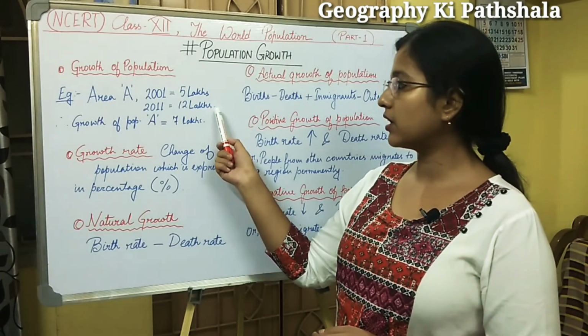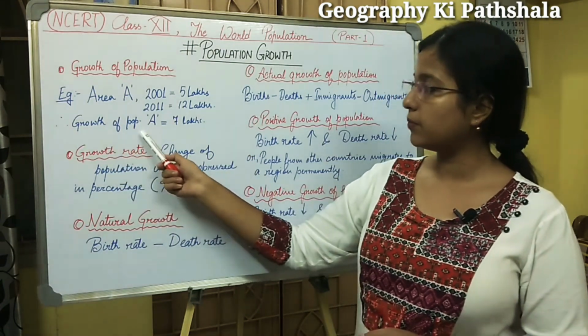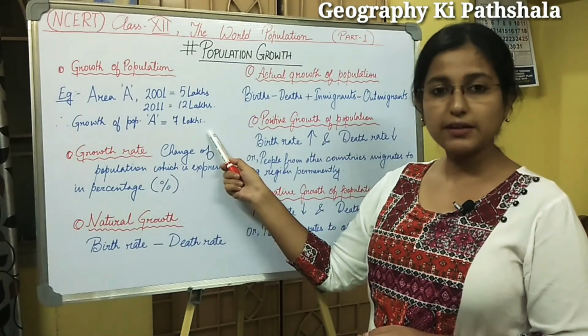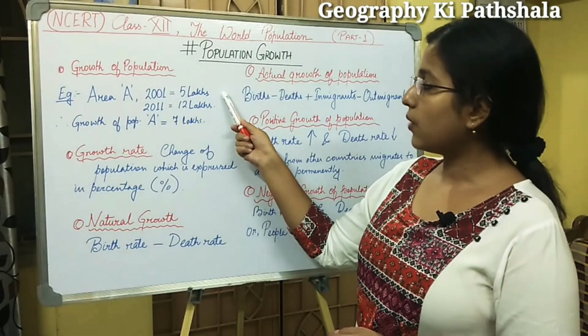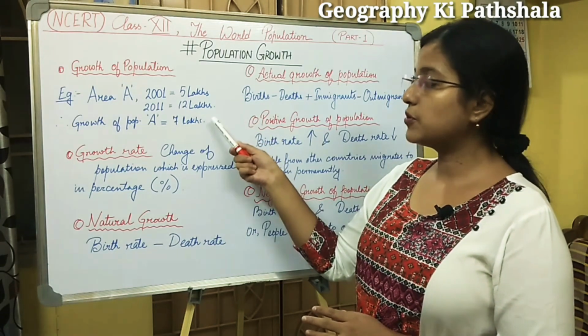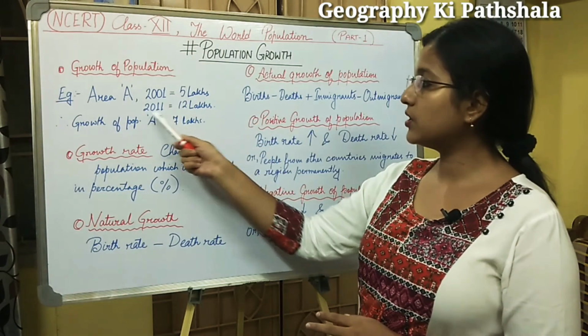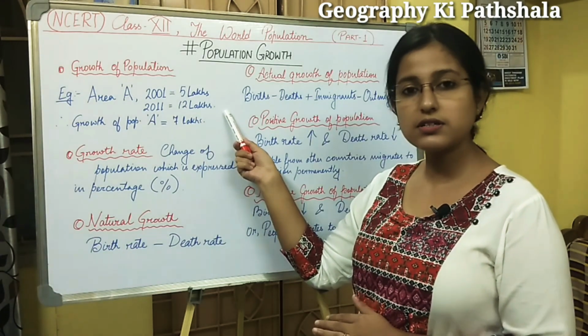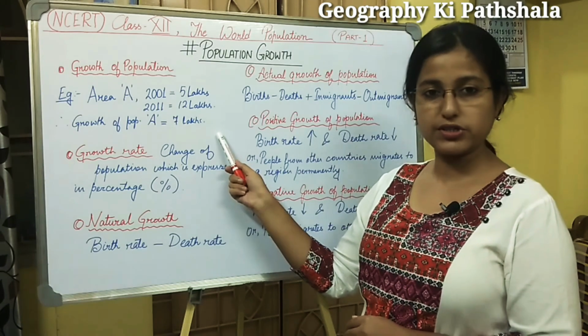From here I can say that the growth of population of area A is 7 lakhs. That means in 2001 the population was 5 lakhs and it increased by 7 lakhs, and now in 2011 the population becomes 12 lakhs. So this is the growth of population.